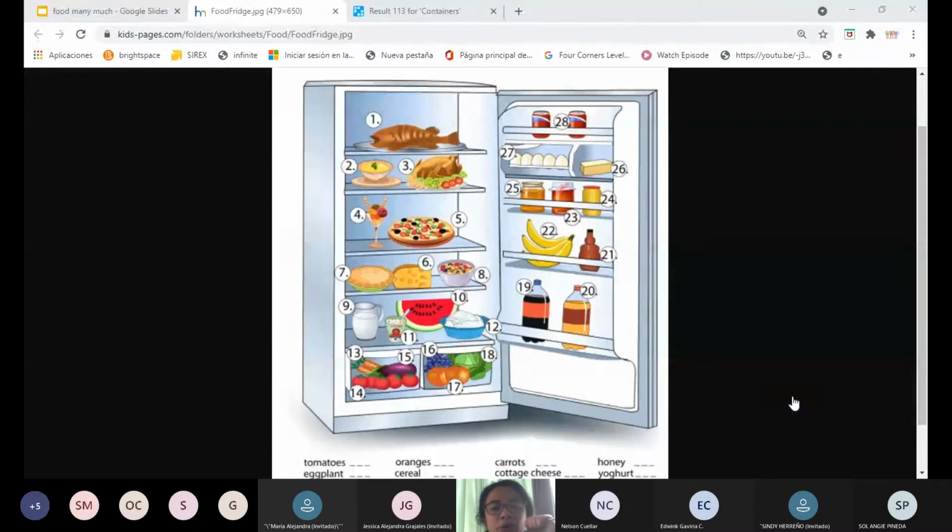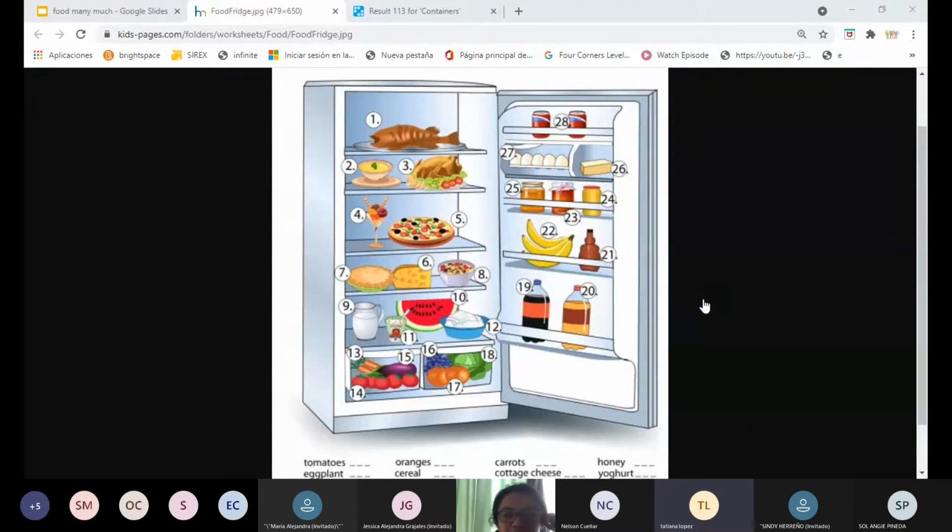So, Tatiana, how much butter is there? Tatiana, how much butter is there? Tatiana, estamos practicando, tú no estabas antes del descanso, pero estamos practicando con cantidades.